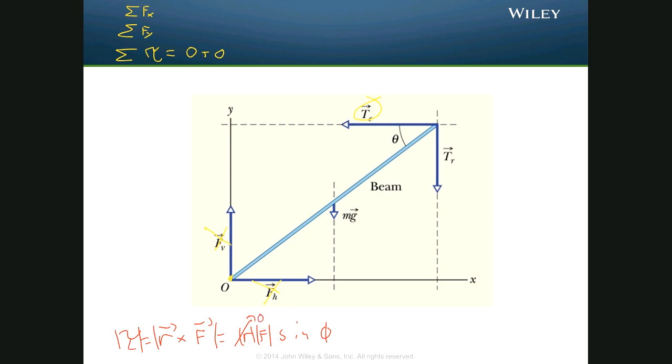But now when we do this, we have to remember that torque is equal to R cross F. Now in our previous examples with horizontal beams, all the angles are 90, sine 90 is 1. We don't have to worry about anything. But you'll notice here, right, we have a two-dimensional problem. So in order to start evaluating these torques, we have to look at the R vector and look at the angle that the torque makes with the force.